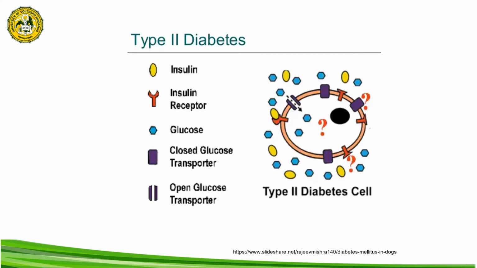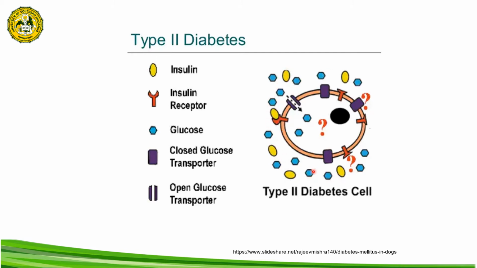This diagram now represents the type 2 diabetes cell. In the type 2 diabetes cell, we have the presence of the glucose transporter. We also have the presence of the insulin receptor and the presence of the insulin. When there is an elevated blood glucose level, the insulin will bind to the insulin receptor.